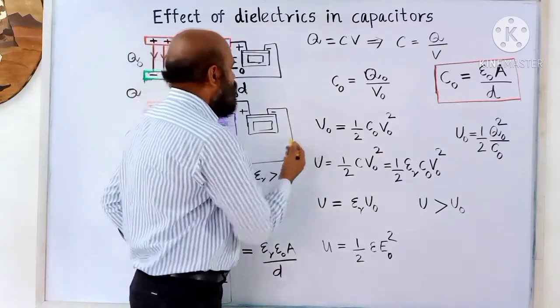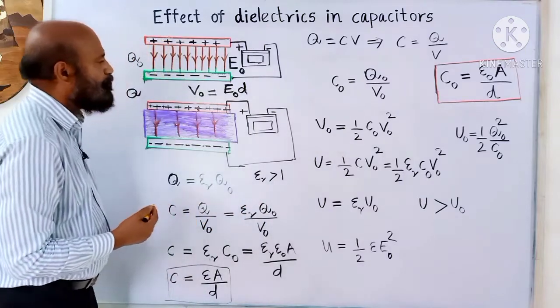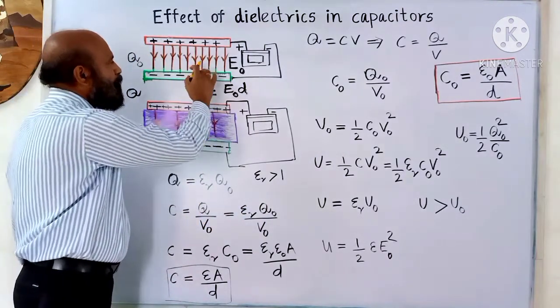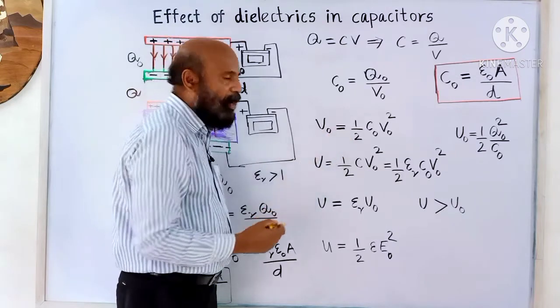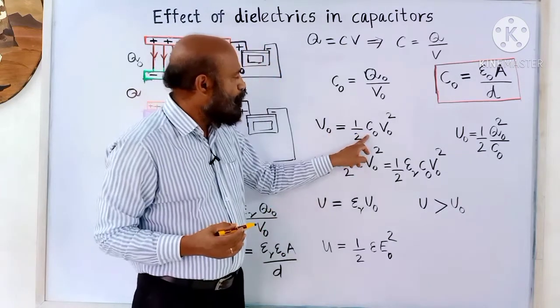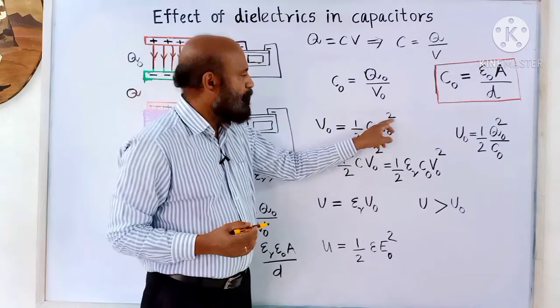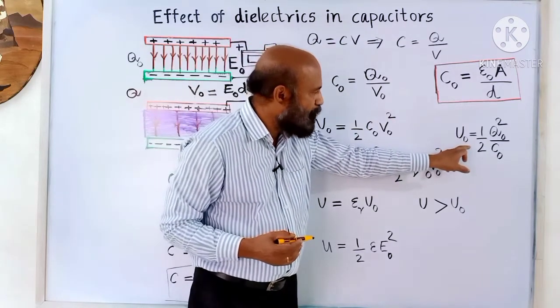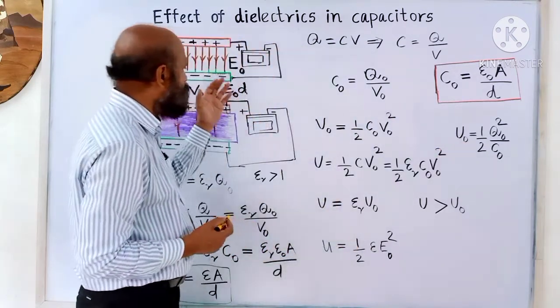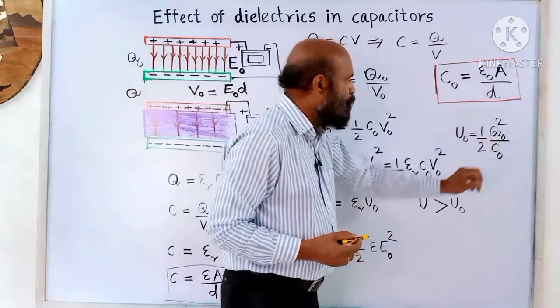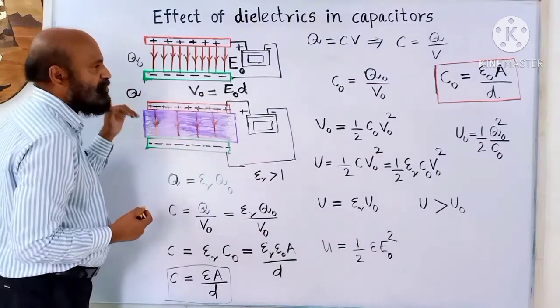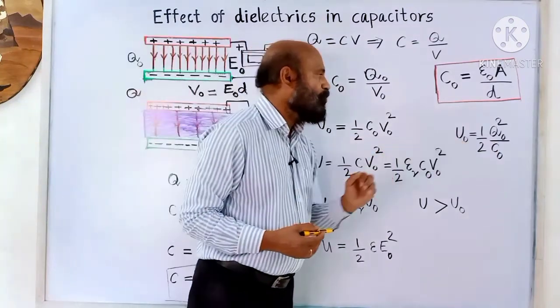Now energy stored with air in between, energy stored U0 is half C0 V0 square. In the previous case we used this expression, but now we cannot use that expression. The reason is both Q0 charge is changing, capacitance is also changing.